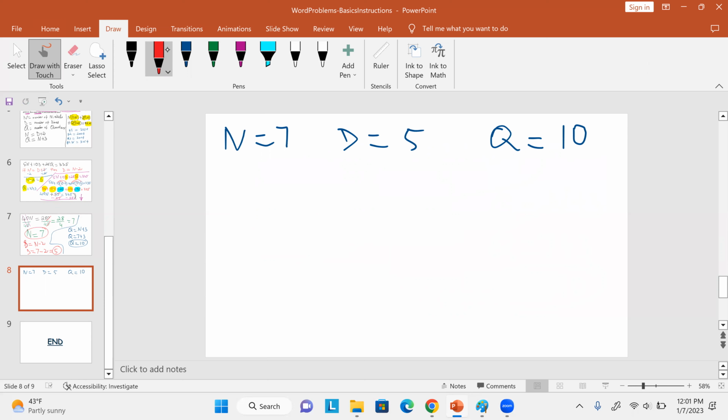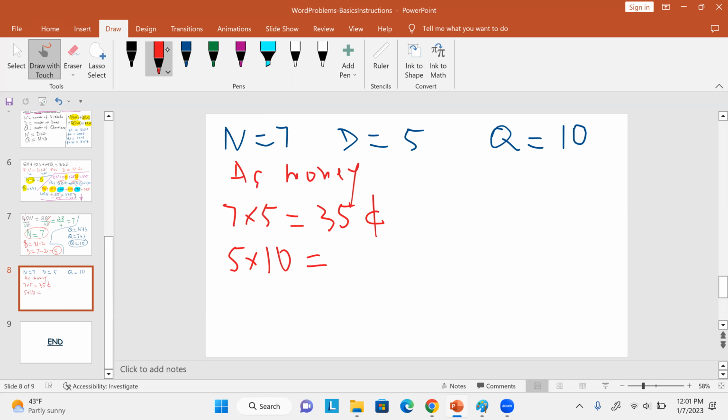So as money, we're going to have 7 multiplied by 5, which is 35 cents. As money, you're going to have 5 multiplied by 10, so that is for dimes, which is going to be 50 cents.